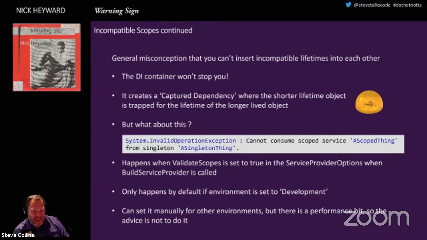What it does is, if you put one of those short-lived lifetimes into a longer lifetime, so transient into scoped, scoped into singleton, then it will create what's known as a captured dependency. The diagram to the left is the insect caught in amber. It's a bit like that in that when you put a short-lived dependency into a longer-lived one, it will hang around until the longer-lived one disappears.